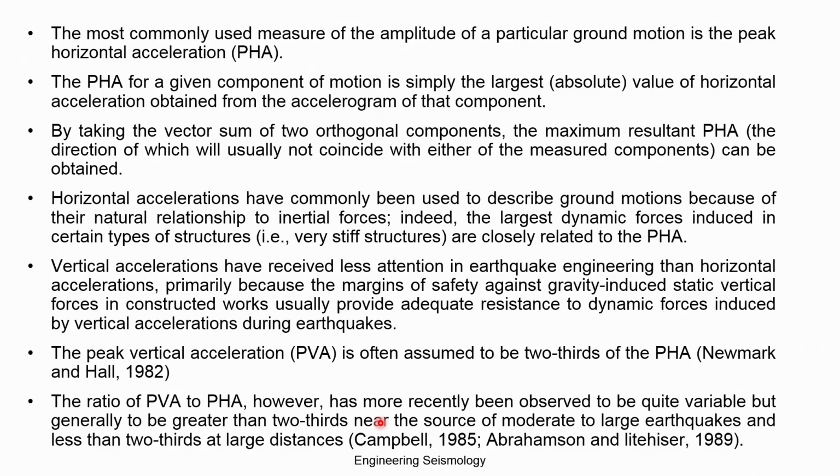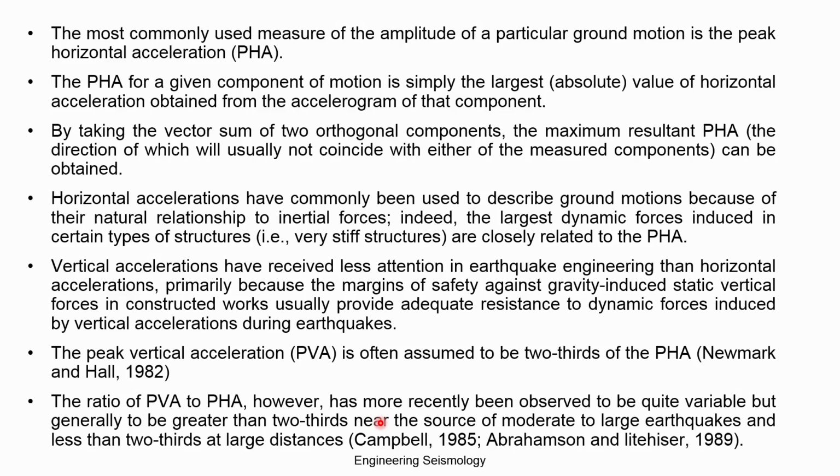PHA for a given component of motion is simply the largest absolute value of the horizontal acceleration obtained from the accelerogram in that component. By taking a vector sum of the 2 orthogonal components, a maximum resultant PHA can also be obtained, whose direction usually does not coincide with either measured component. Horizontal accelerations have commonly been used to describe ground motion because of their natural relationship with inertial force.